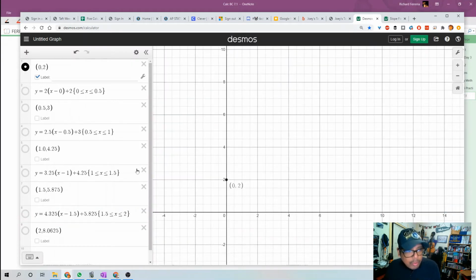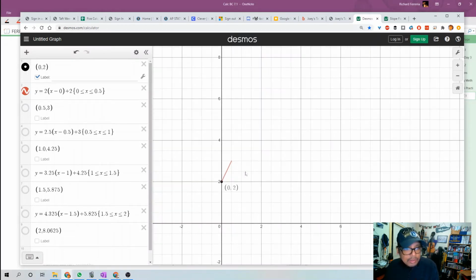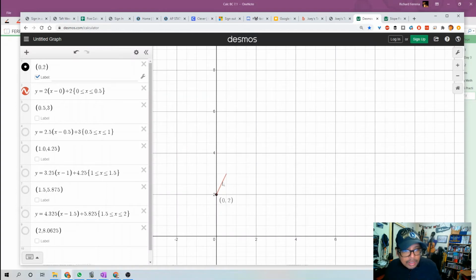And what we just did is we created a tangent line at 0, 2, and we ran that tangent line for half a unit, like that. Let's zoom in here a little bit. There we go. So we ran that tangent line for half a unit, and that arrived us at 0.5, 3.